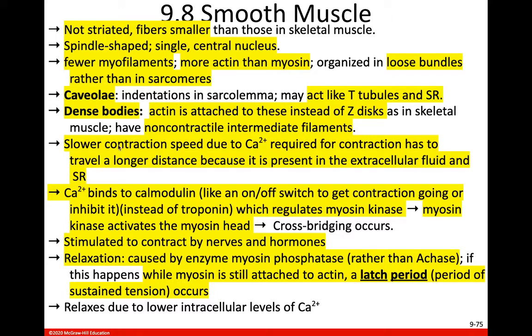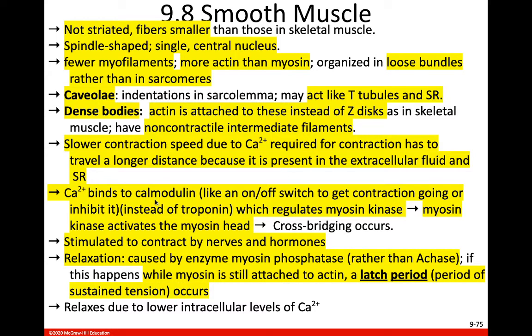And so the reason that smooth muscle is slower to contract is because it takes longer for the calcium to move from outside the cell to inside the cell to cause the contraction to happen. Because the calcium has to move a longer distance, this causes the smooth muscle to contract at a slower speed.